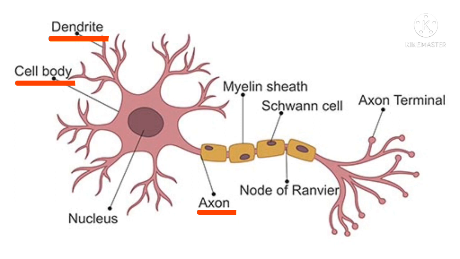They are cyton, dendrites and axon. The first one, cyton. Cyton is also called the cell body, otherwise called perikaryon.